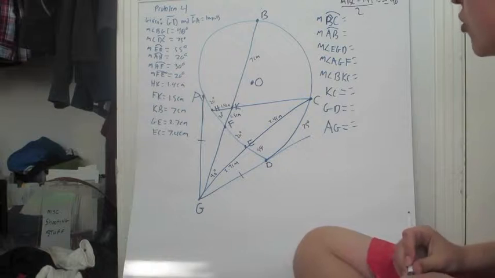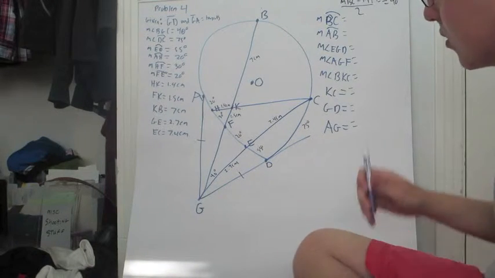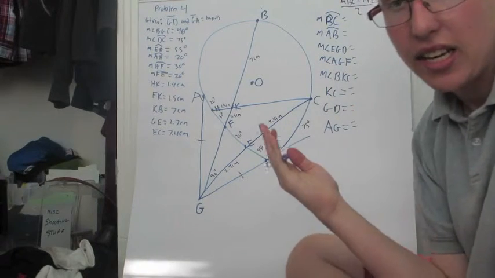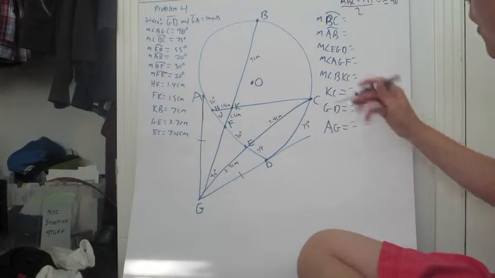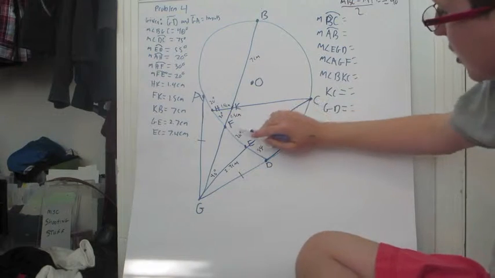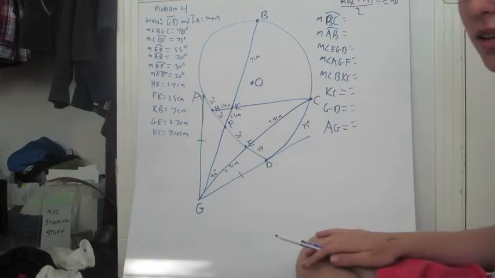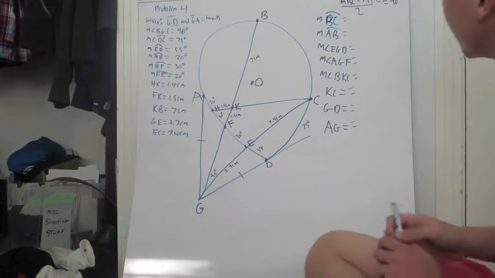And why we can do that is that's one of the theorems that we learned in class: two secants intersecting on the outside of the circle, or the big arc minus the small arc over 2 equals the angle measure right here.